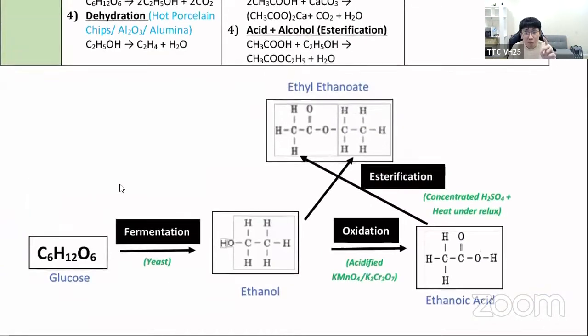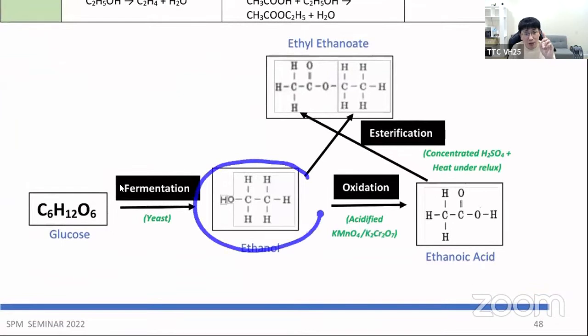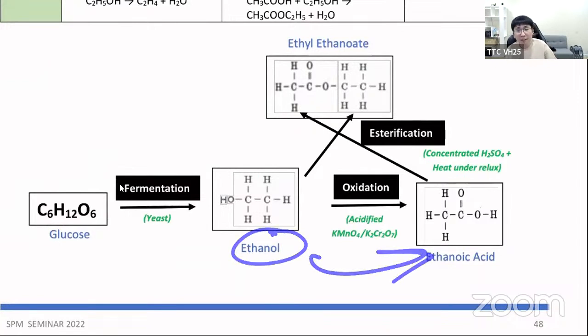Do you remember that your ethanol, your alcohol, you can oxidize it to turn it into your carboxylic acid? And how do we do that? By putting in an oxidizing agent. I can put KMnO4, I can put K2Cr2O7. So I can oxidize my alcohol to become carboxylic acid. You get what's happening here.